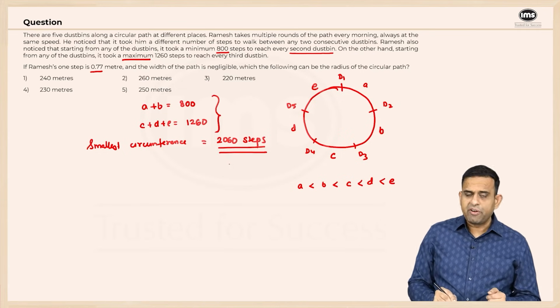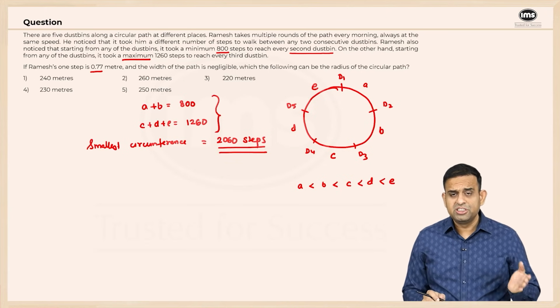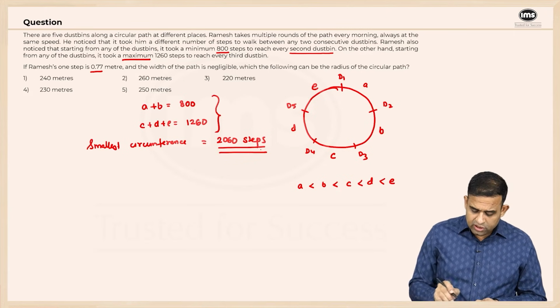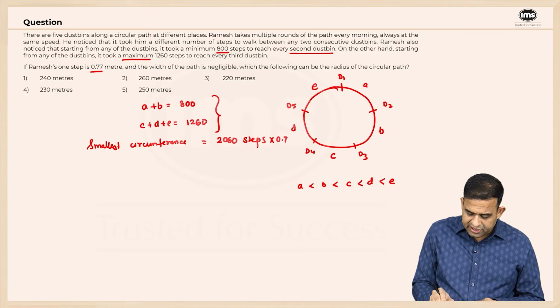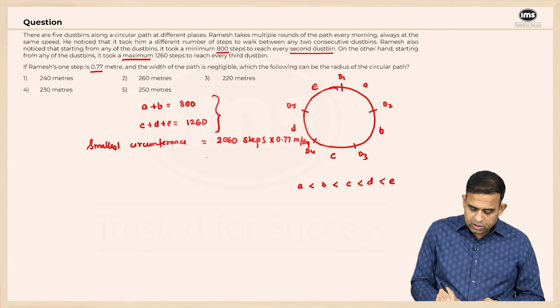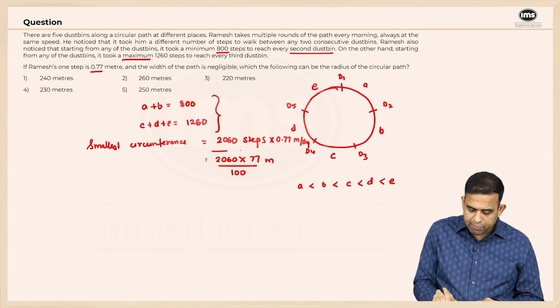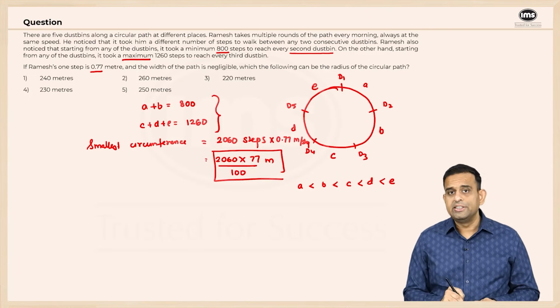From this we can find the smallest possible circumference in terms of distance as well. You multiply this number of steps by 0.77 meter per step. So 2060 into 77 by 100 becomes your required minimum possible distance.